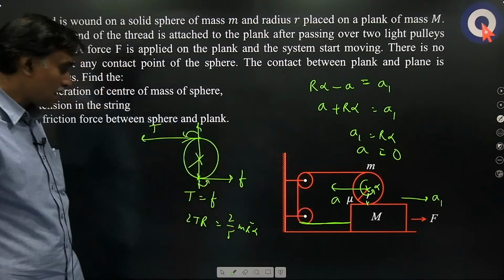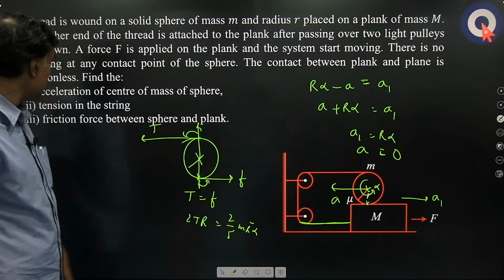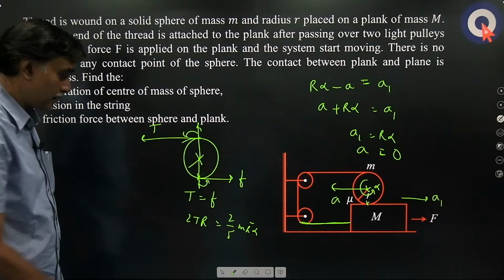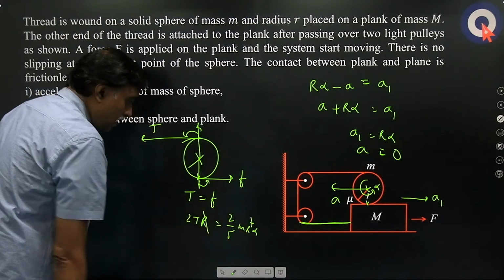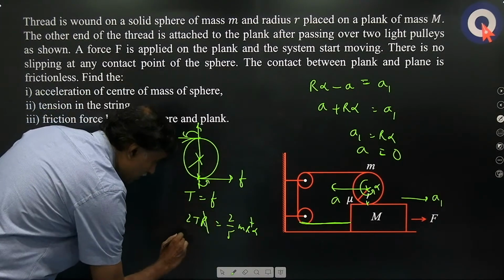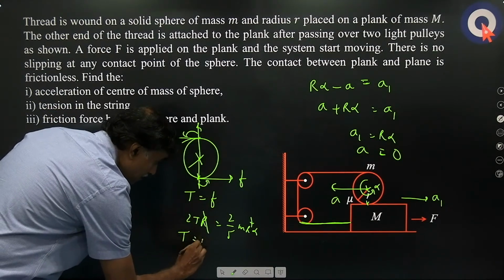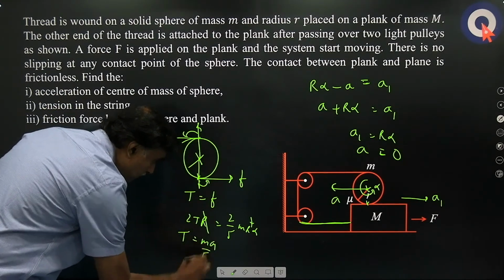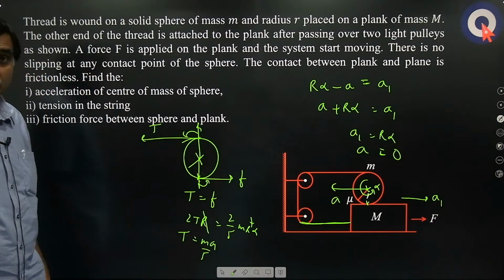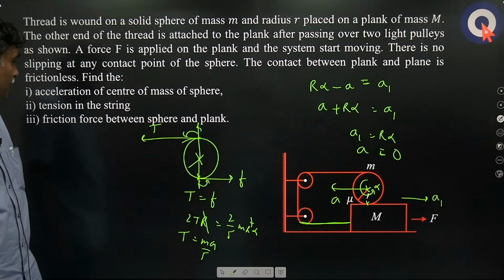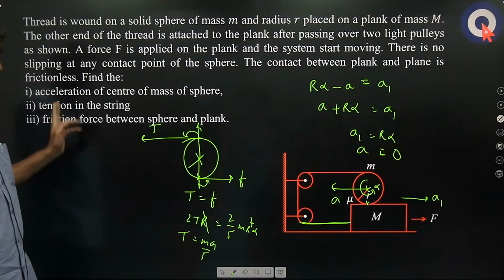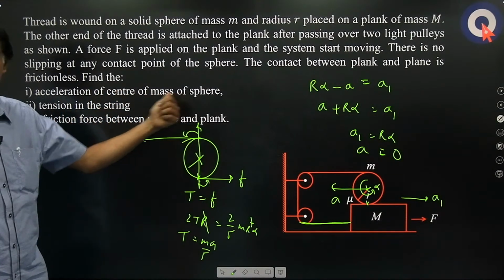So I can replace R alpha with A1. Then one R cancels, and the 2 also cancels. So what do you get? T equal to mA1 by 5. So the first part's answer is 0 anyhow, the acceleration of center of mass of the sphere.